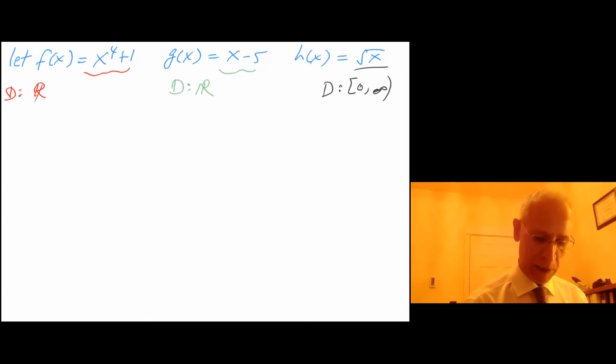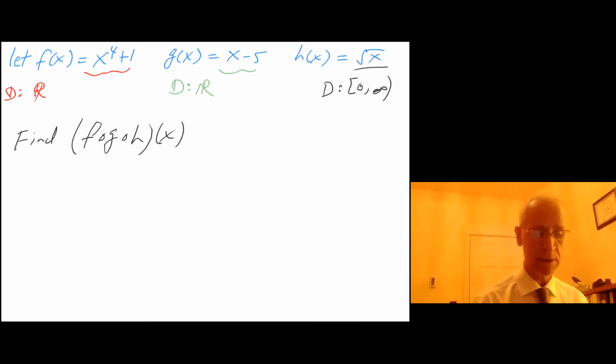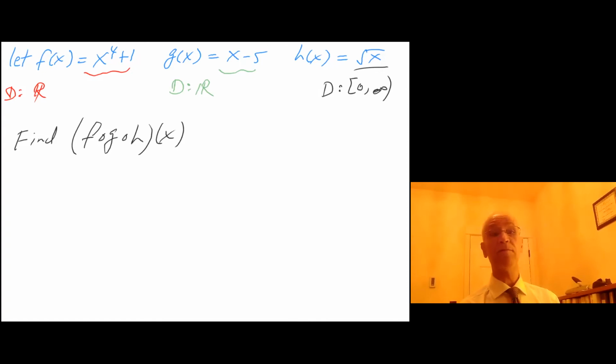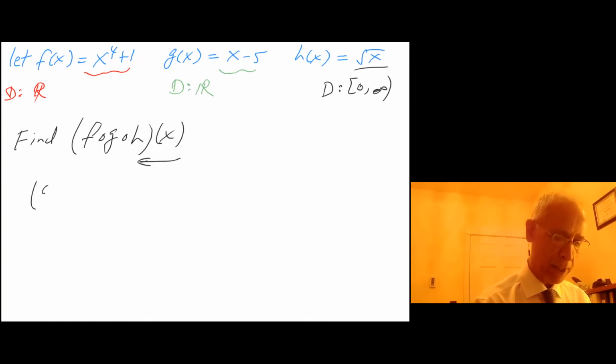So let's do the same thing, find f of g of x. But let's do something different. Let's find f of g of h of x. So going this direction, my most inner function is h of x. So first I'm going to find g of h of x.